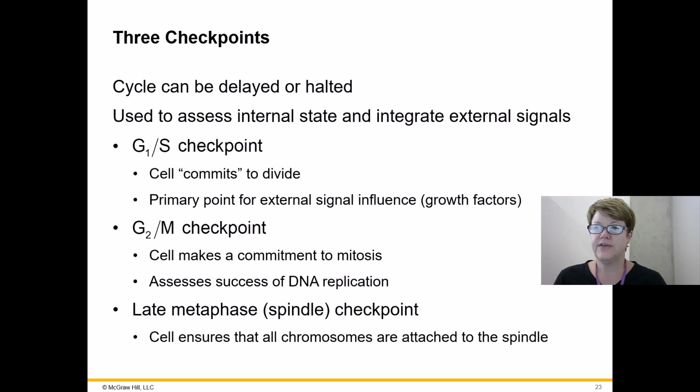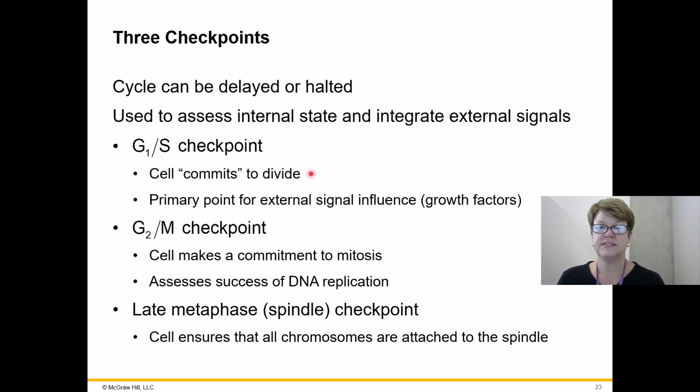One is found right at the end of G1 and before S phase begins, and that's called the G1/S checkpoint. Probably the most important checkpoint, really. If a cell goes past this checkpoint, it means the cell is committing to cell division.